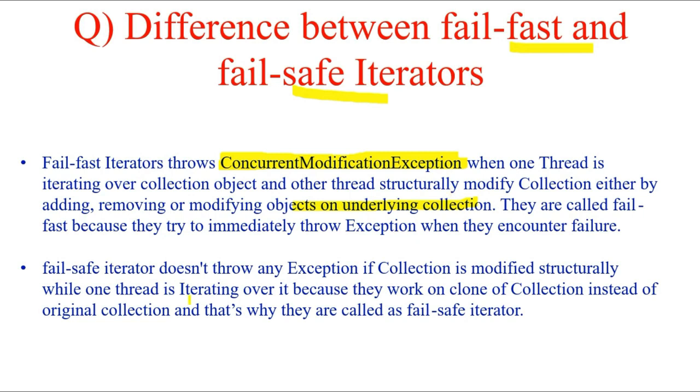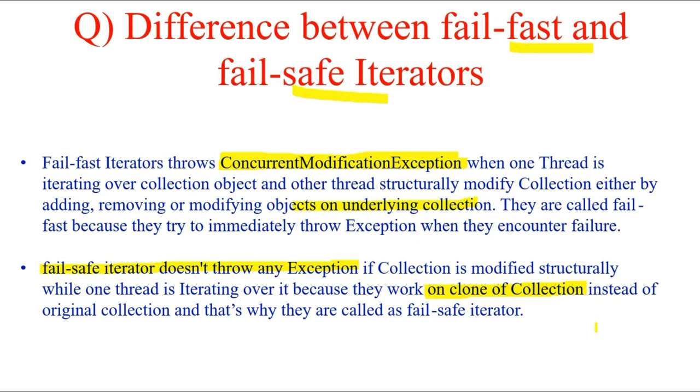But a fail-safe iterator does not throw any exception even if the collection is modified structurally by another thread, because they work on a clone of the collection. This is a very important feature. When you say that fail-fast iterators always throw a ConcurrentModificationException but fail-safe does not, the interviewer's next question will be: why does fail-safe not throw an exception?